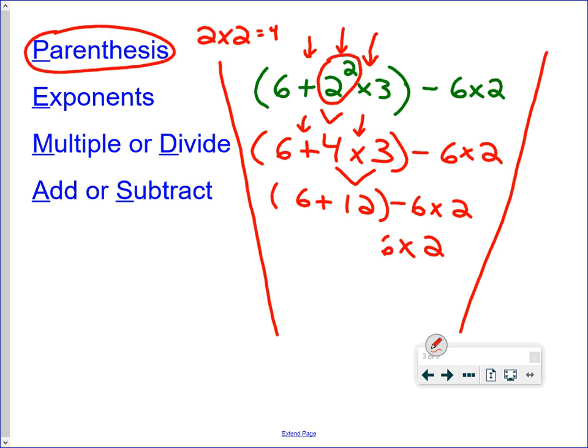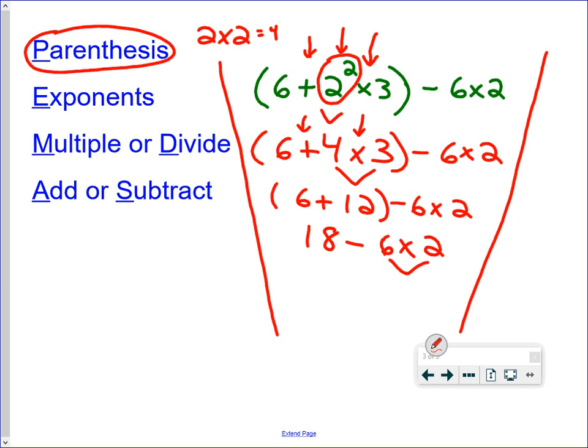There's nothing left to do inside. So 18 minus 6 times 2. Now, there are no parentheses, so we're done with the parentheses. So we just go by the basic, what's left. Any exponents? No. Is there any multiply or divide? Yes, there's a multiplication. 6 times 2.